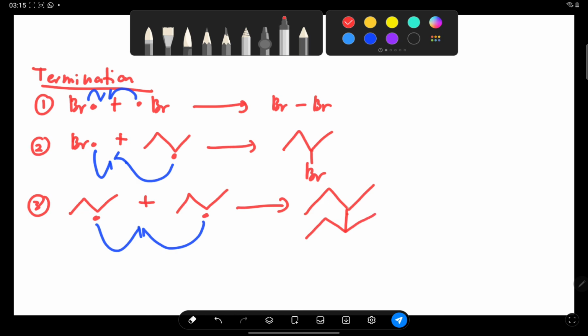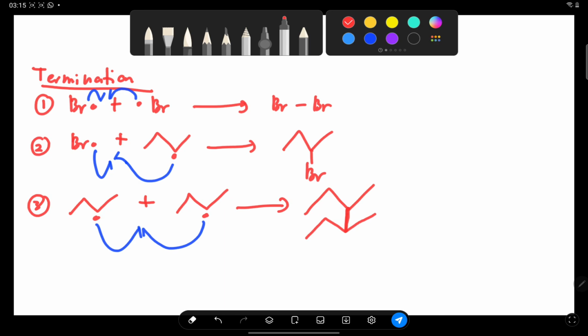Initially at the beginning of the reaction, here is where the radical exists and also here. So when these two compounds combine together, you need to put a bond here.